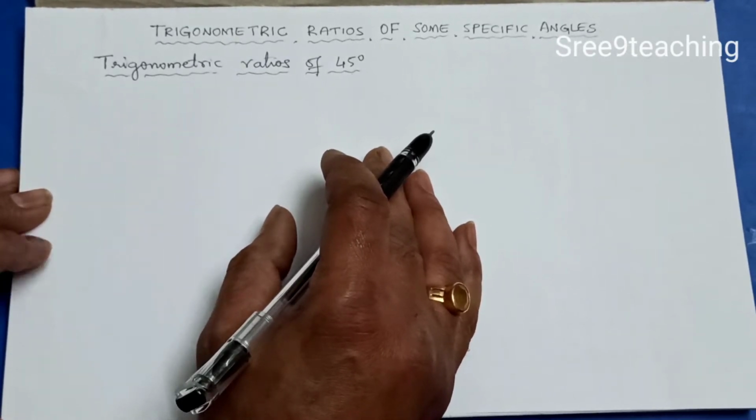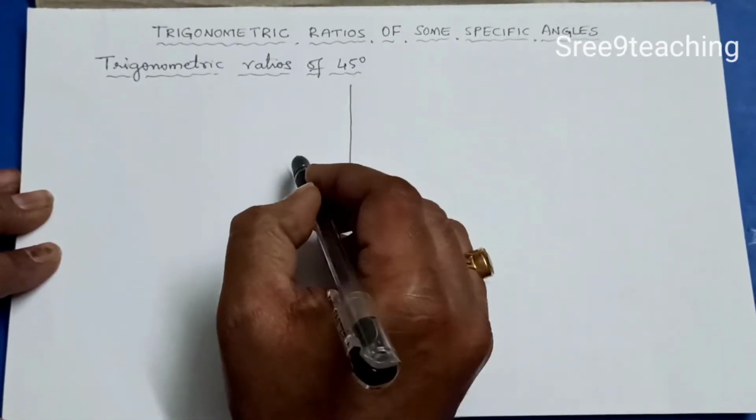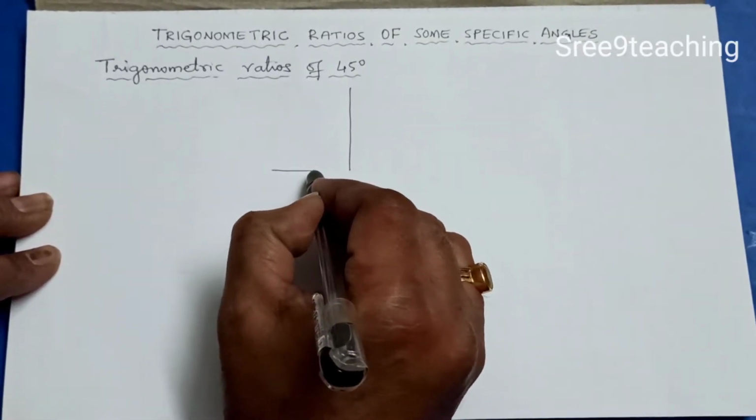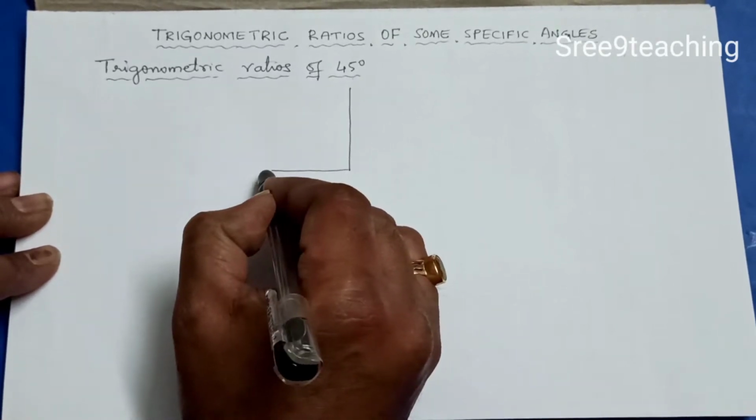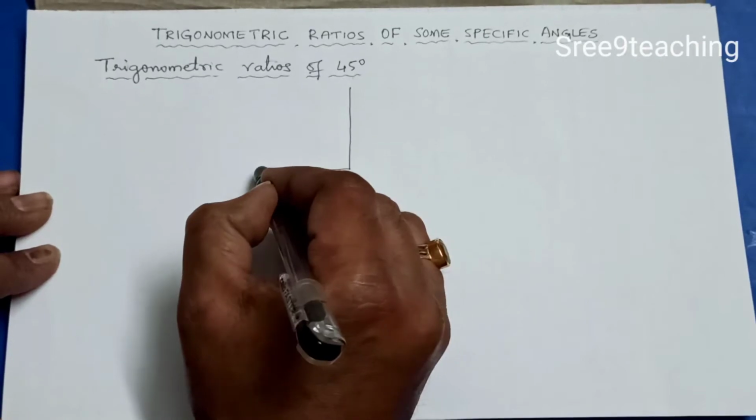isosceles right angle triangle. Okay, here I am drawing the picture. Isosceles triangle means the triangle which has two sides equal, right?